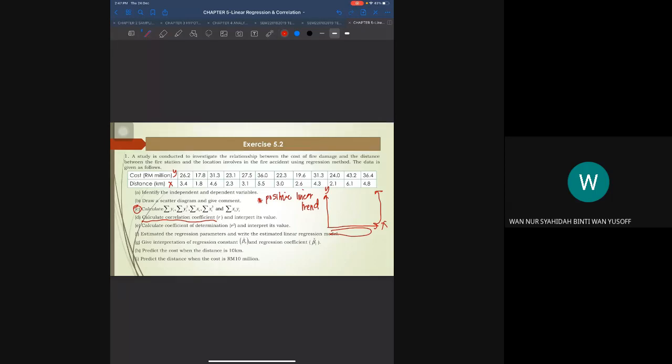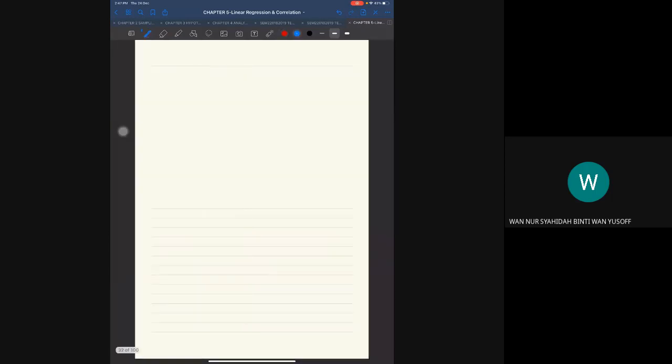You start with SSX, find SSY, find SSXY, and then your r is SSXY divided by the square root of SSX times SSY. You can use your calculator just to check whether the r that you calculate is similar to the r that you get in your calculator.